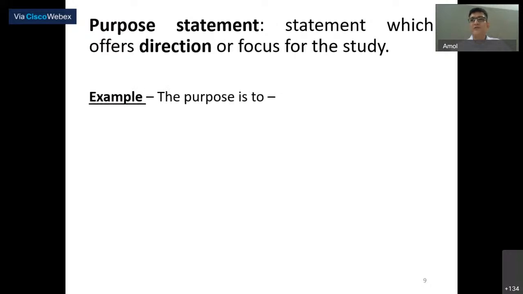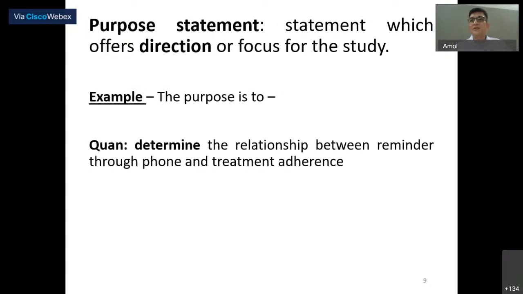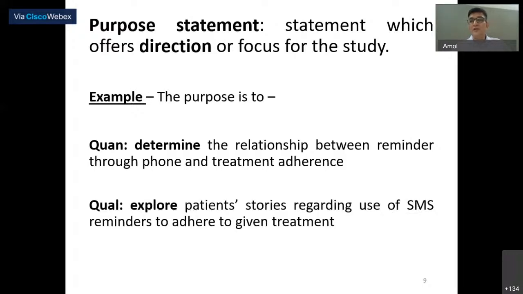Now, here is an example for the purpose statement. For the quantitative component, you may wish to determine the relationship between reminder through phone and treatment adherence. And for the qualitative component, if that is a part of your study, you have to state another objective mentioning to explore patient stories regarding use of SMS reminders to adhere to given treatment.